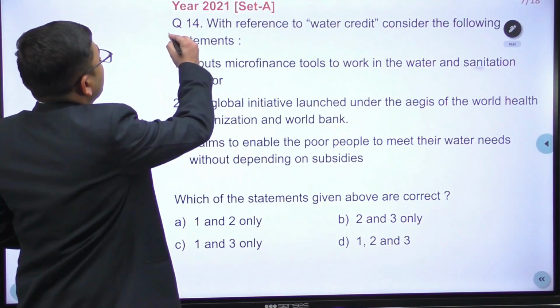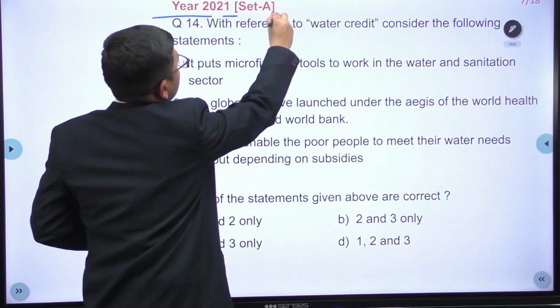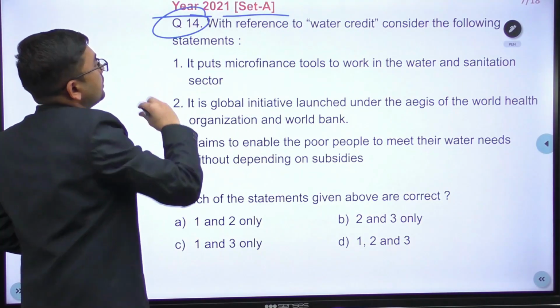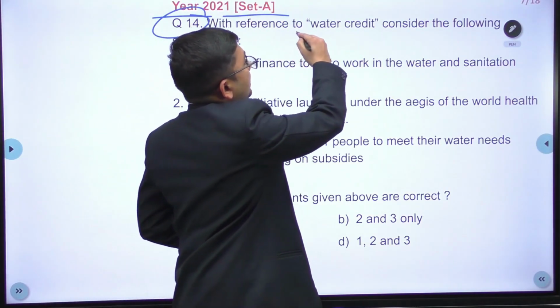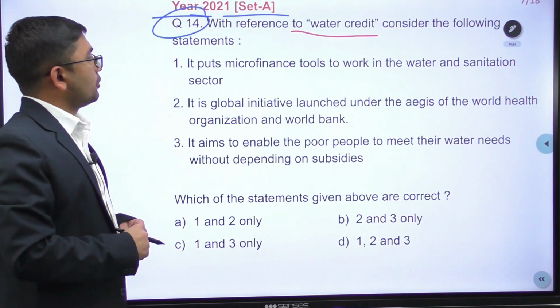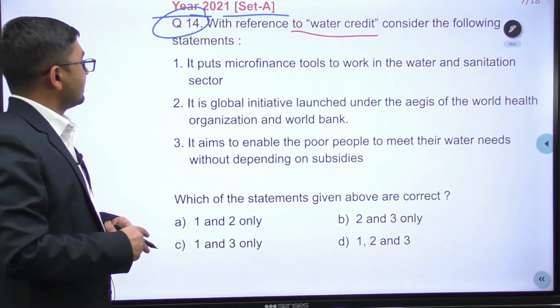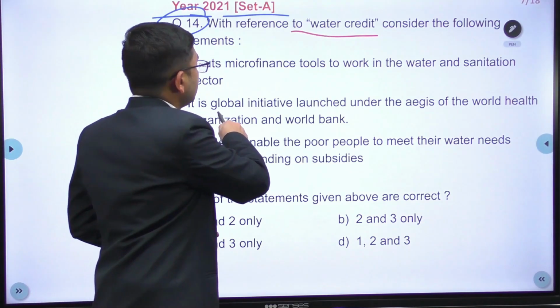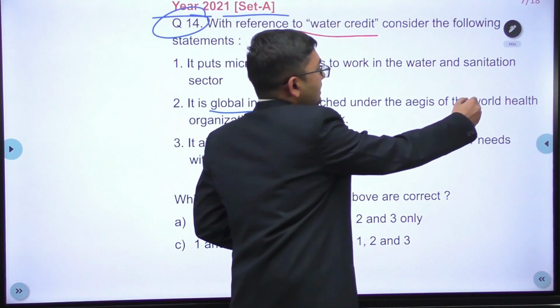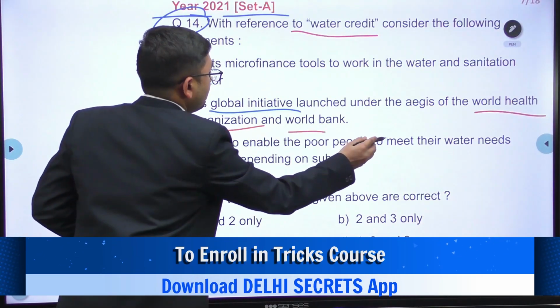Year 2021, a recent year, Set A, question number 14. With reference to Water Credit, consider the following statements. First statement says that it puts the microfinance tool to work in the water and sanitation sector. Second statement says that it is a global initiative launched under the aegis of the World Health Organization and World Bank.